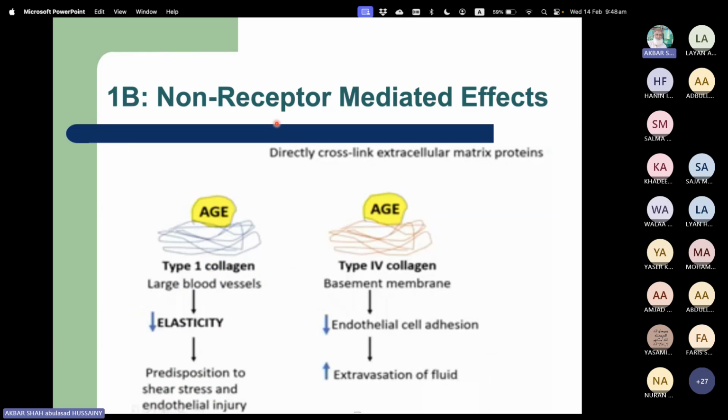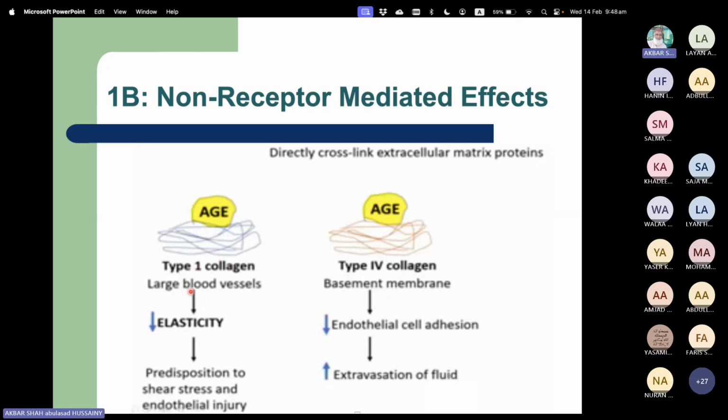It can also combine without receptor. The AGE can combine with many molecules. They directly cross-link many proteins, extracellular matrix proteins, without the help of receptors. One example is the type 1 collagen in the large blood vessels.